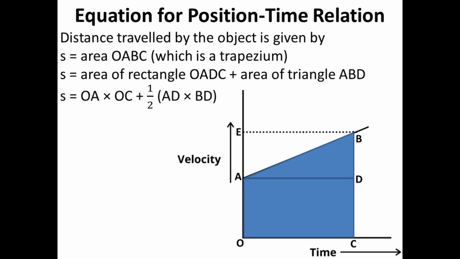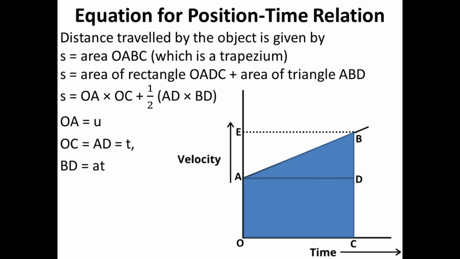Now, the area of rectangle OADC is equal to the product of its sides OA and OC, and the area of triangle ABD is equal to half into base AD into height BD. Now, OA is U, OC equals to AD equals to T and BD is equal to AT. ये सभी values हमने equation for velocity time relation में find out की थी.